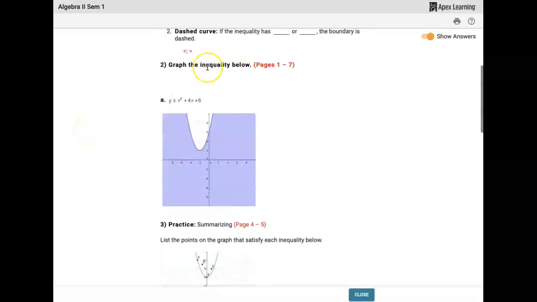Okay. For the inequality below, you would have to, again, find the vertex, which we can do by using our cheat equation, negative b over 2a for the x component, and plug that back in for the y component.